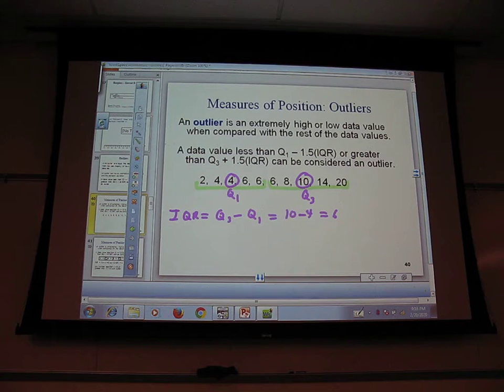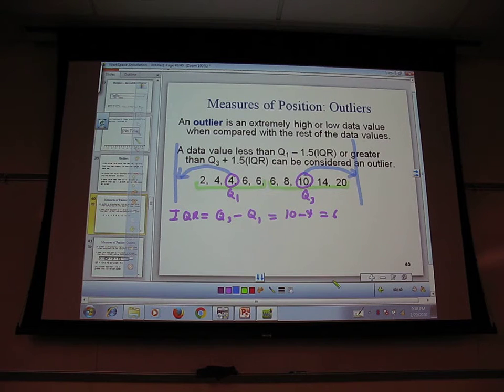Here's the deal. I want 1.5 IQRs because here's my guy. If I add 1.5 IQRs to him, and I subtract 1.5 IQRs from them, that will give me my boundaries of what's an outlier and what's not an outlier.